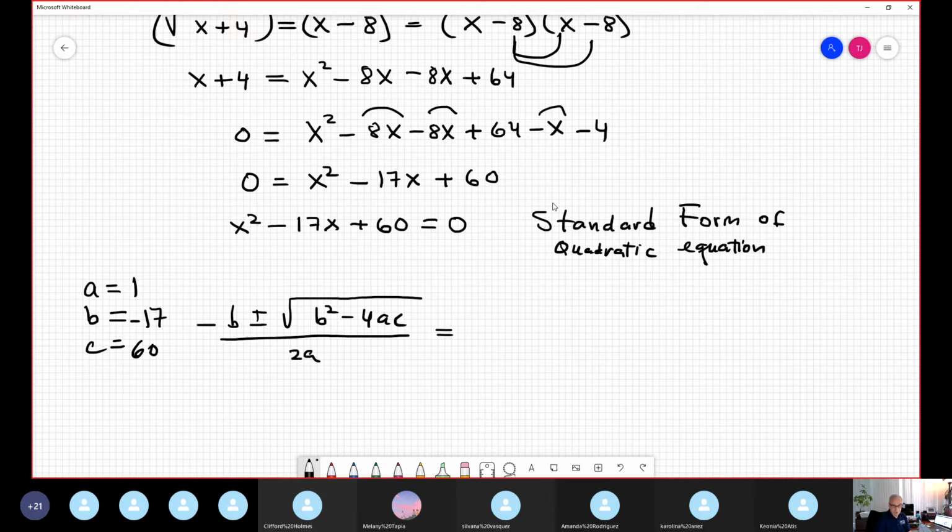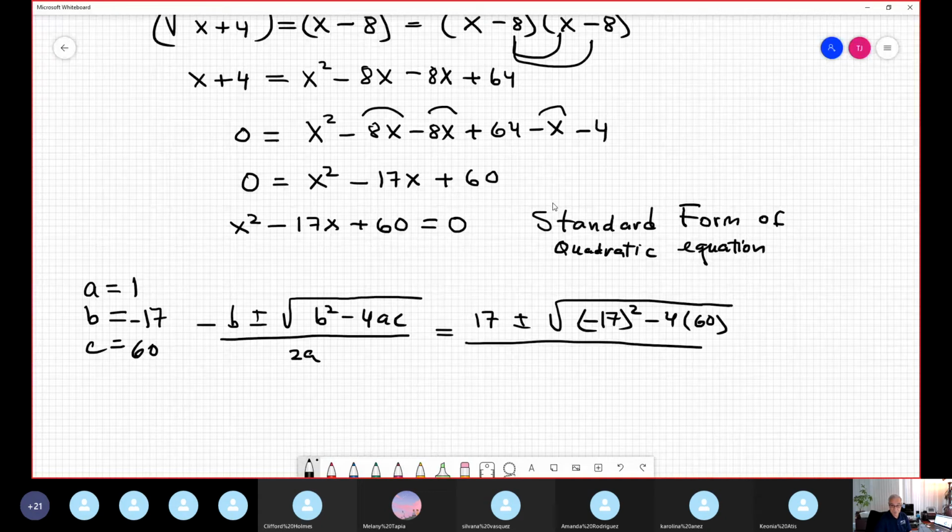In our case, it's 17 positive, double negative again. Not always happen, but frequently happen. Plus or minus square root of negative 17 squared, minus 4 times 1 is invisible because it's a 1, times 60, divided by 2 times 1.